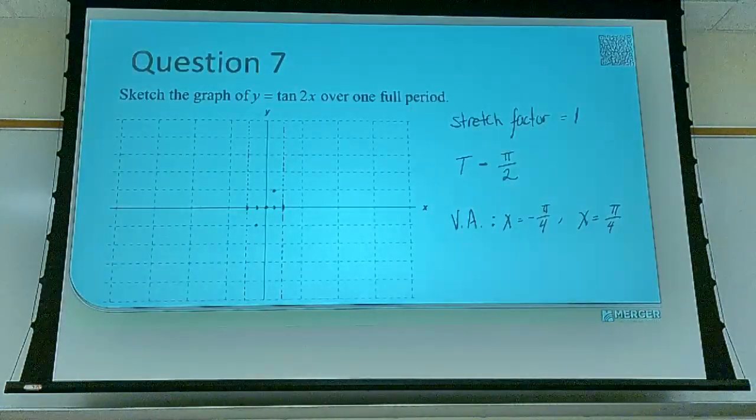So we're going to be starting down here and coming up. Left-hand side of the asymptote goes up to positive infinity, right? So it's going to have to end going up that way. I'm going to have to do something like that, I guess.